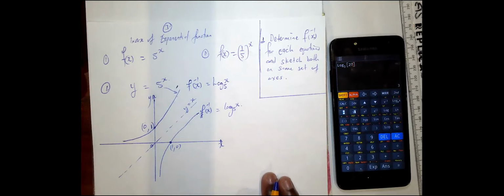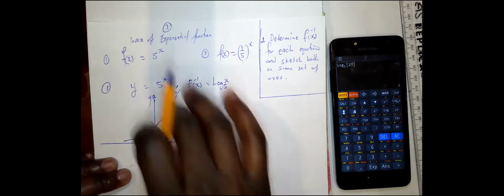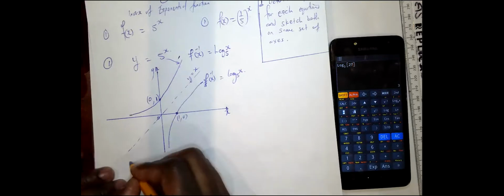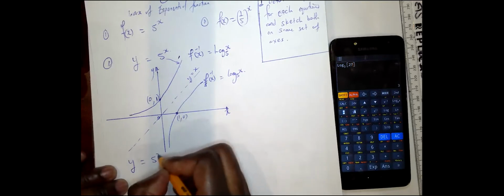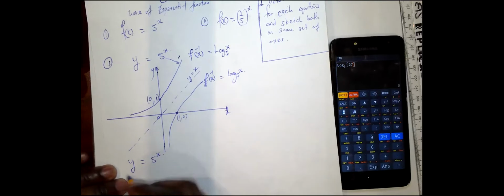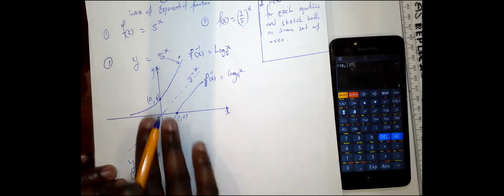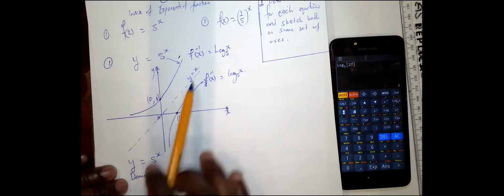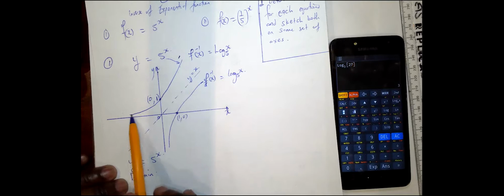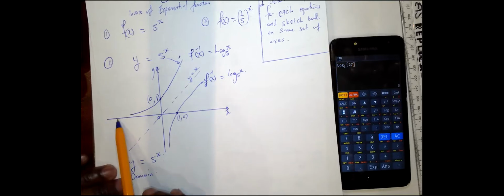And now let's also talk about the domain and range. So for y equal to 5 to the power of x, if I take the domain, as you can see there, it takes any value of x, because going left it goes to negative infinity. It just approaches 0, but you never touch 0.